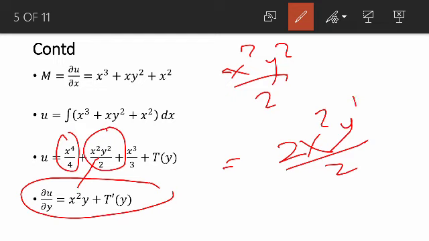Or you can say y raised to power 1, you're differentiating y, so 2 cancels 2 and you're going to get x squared y. That's how we got that. Then differentiate x cubed over 3, it is 0, because with respect to y it has no y. Then differentiate t(y), you get t prime y. That prime there shows the derivative of the function t(y).